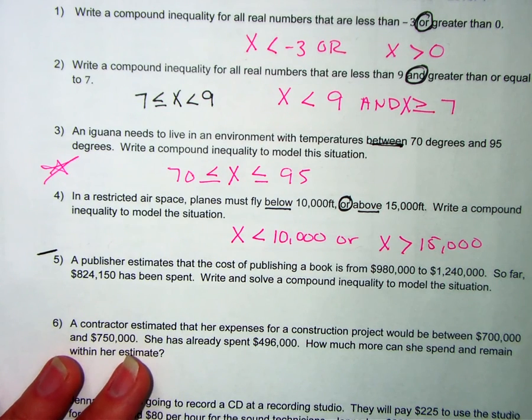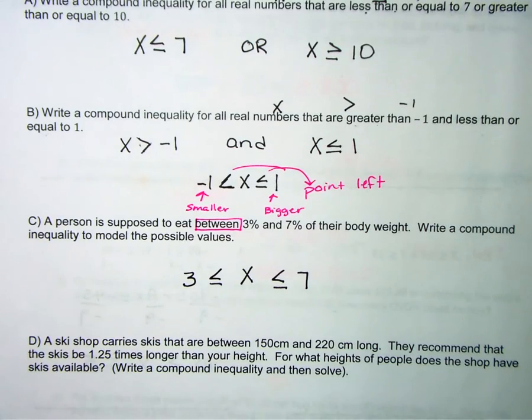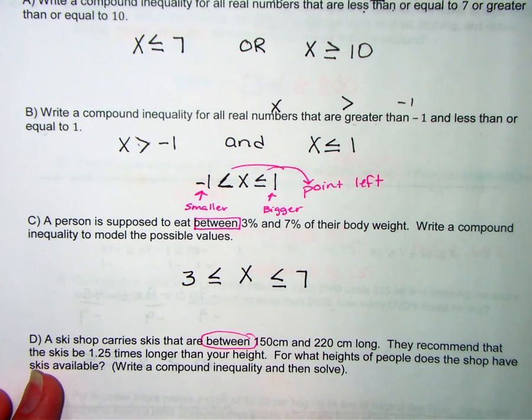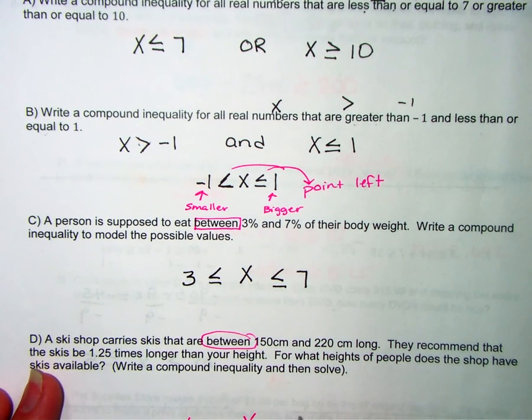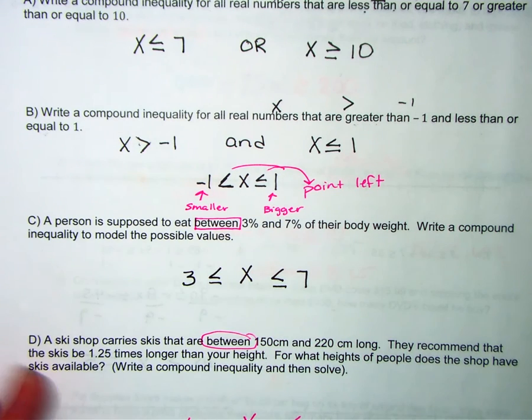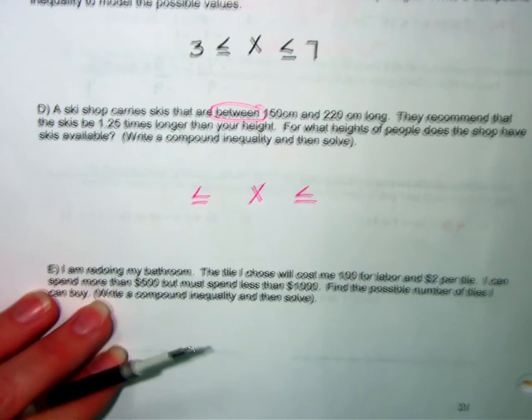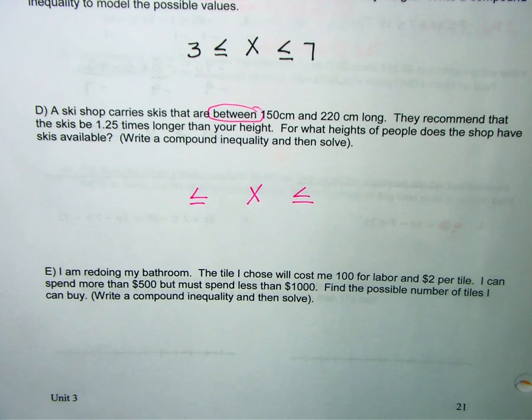Okay. I'm going back to page 21, and we're going to do the second example here. Okay, this is, again, a between situation. So I'm going to set this up with my x, but I'm going to leave a little space here because there's going to be another piece. So I want x to be between. A ski shop carries skis that are between 150 centimeters to 220 centimeters.